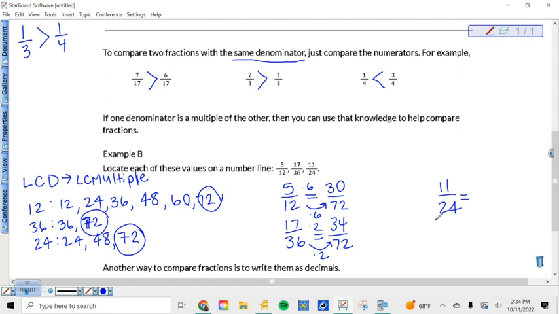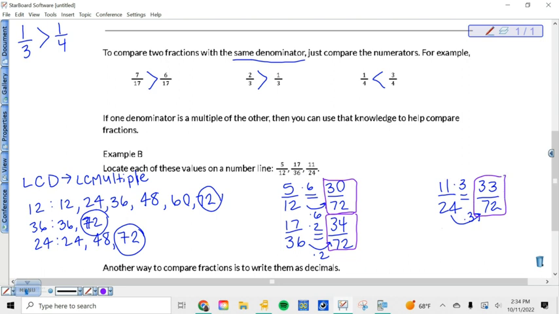There's a calculator, right? That's okay. Okay. 24 times what gives me 72? 3. What's 11 times 3? All right, so now these three fractions all have the same denominator, right? So can we put them in order from least to greatest?